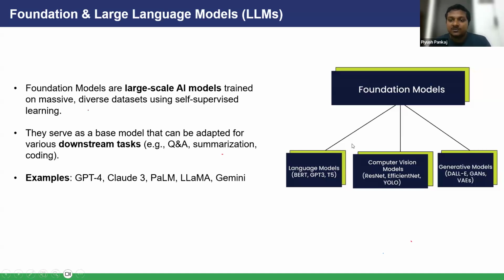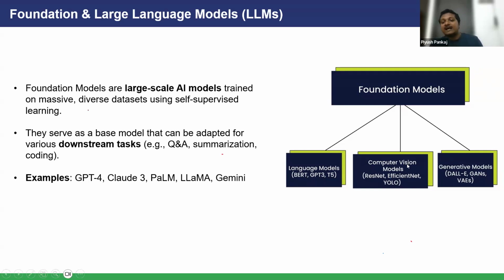Foundation models are also of different types. Like language-based models, we have BERT, GPT-3. GPT-3, if you remember, was only generating text, right? Now, whatever model ChatGPT is using, it is generating images also.